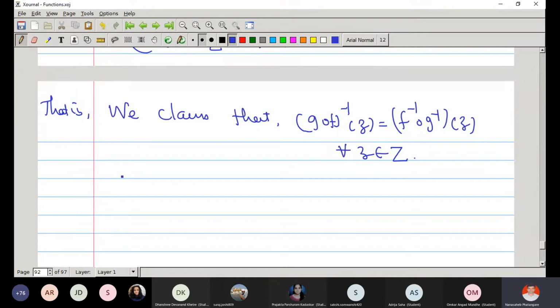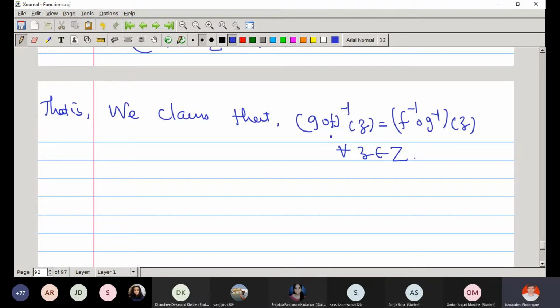Once your aim is clear, our goal is clear, then with confidence we can try to prove it. If your goal is not clear, then there is no confidence. If your aim, our exact claim, is clear, then certainly we can understand what the strategy should be. So what should the strategy be?